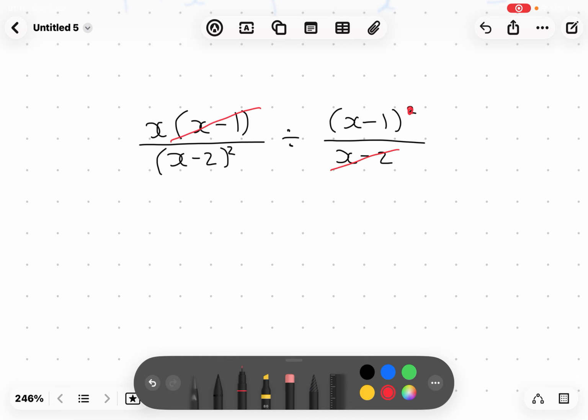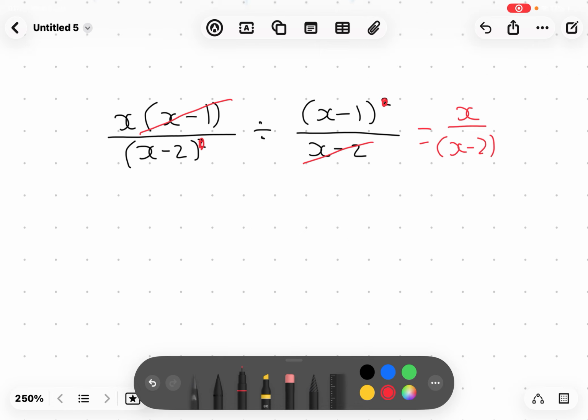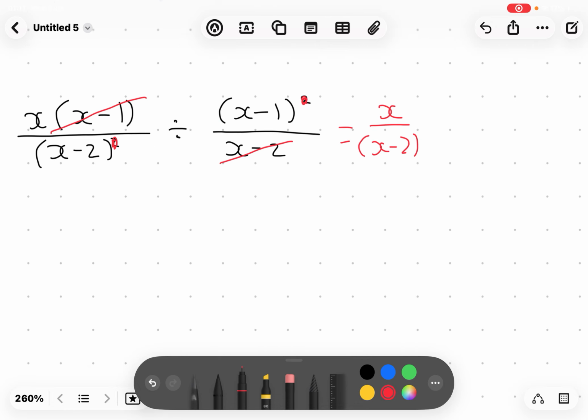After that, we can take away this and take away this. So we're left with x over x2, and then times 1 over x minus 1. So yeah, so x, then x squared minus 2, this simplifies it, so 1.